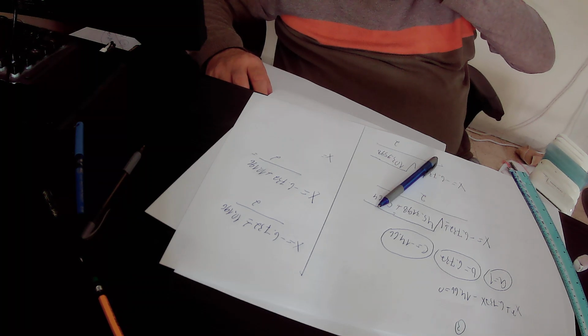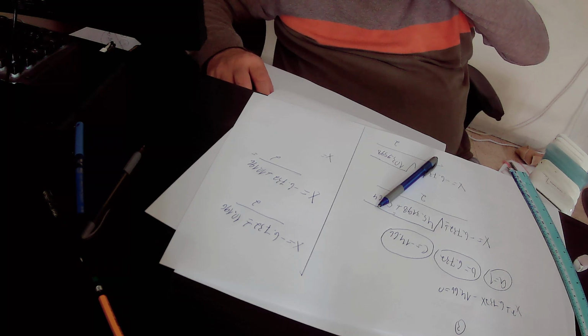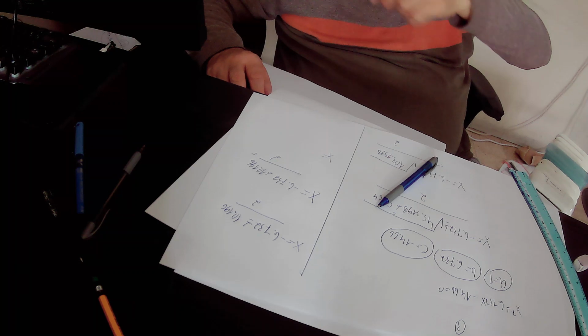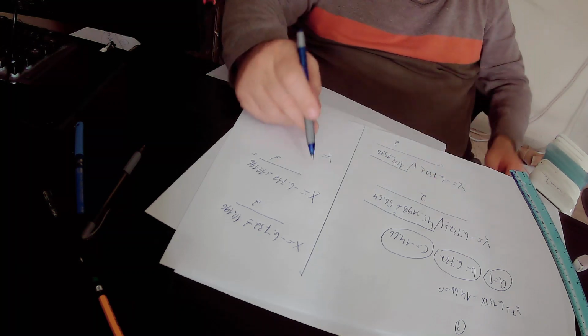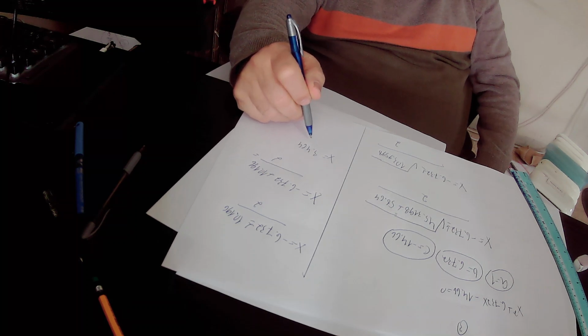10.196 minus 6.732 equals 3.464, divided by 2.